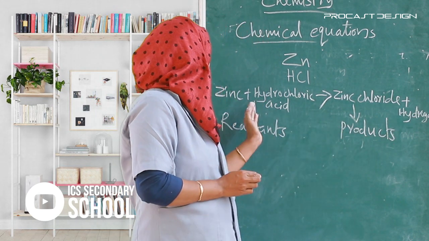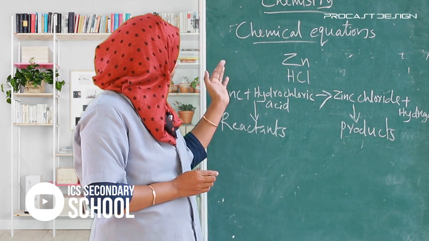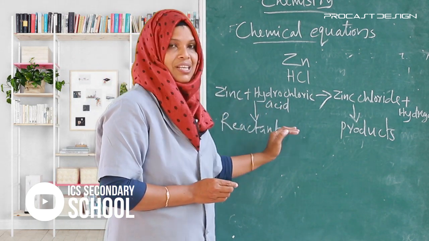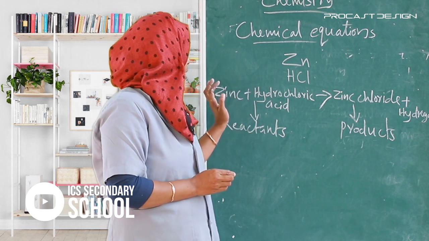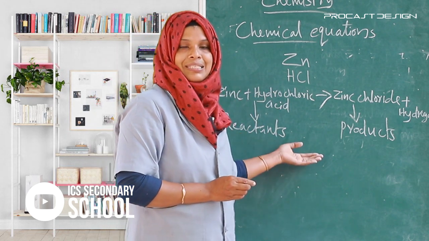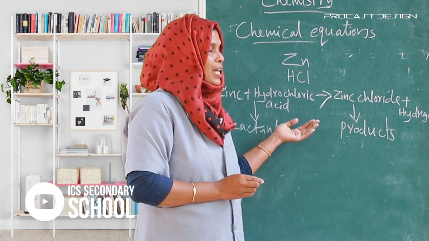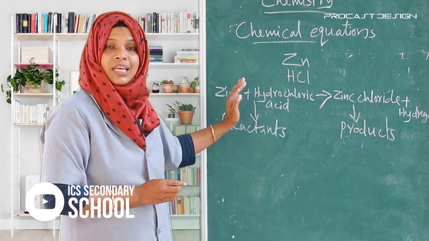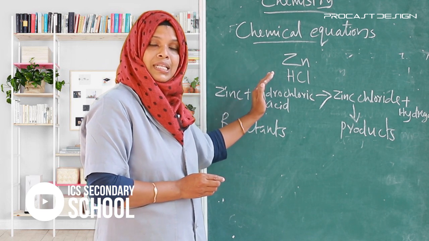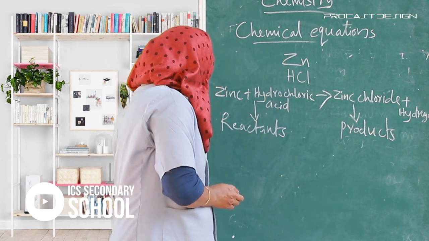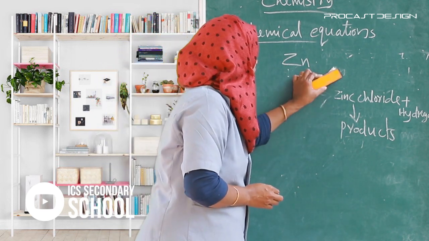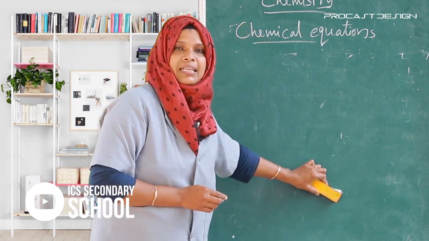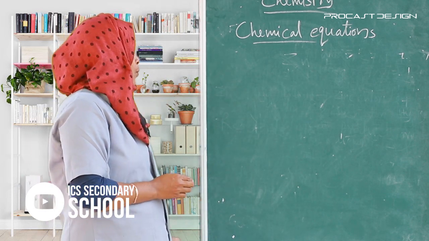Next, you can see that we can write a chemical reaction as a chemical equation by using symbols and chemical formulae. Let us rewrite this reaction using symbols and chemical formulae.